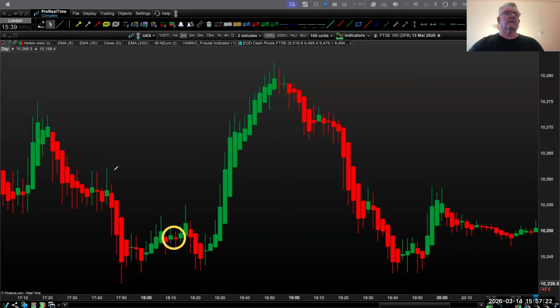This one here, for instance, is an indecision candle. It's an indecision candle because the body is much smaller than the wick. So there's another one here on the bearish side, and another one here on the bearish side for illustration. There's a couple more here on the bullish side, and you can just go and pick them out.